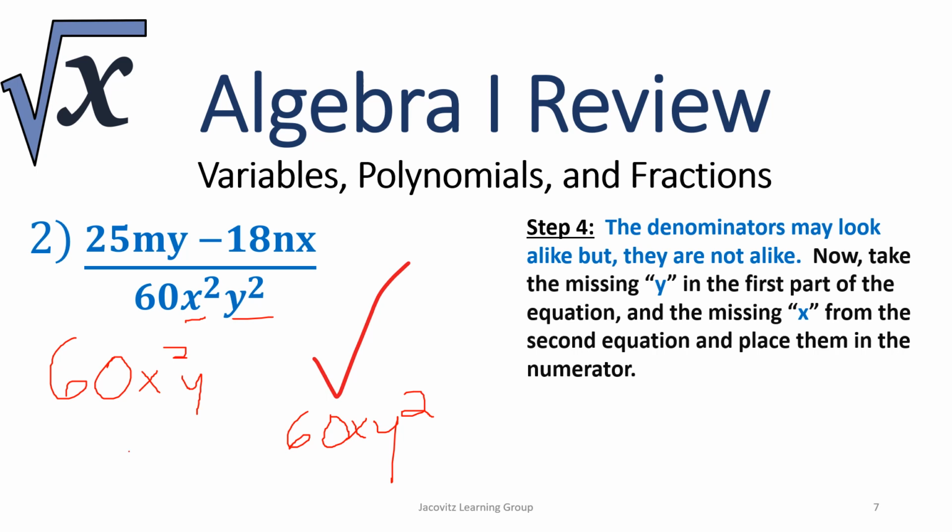You're really adding. Powers rule, y to the 1 times y to the 1 equals y squared. And if you forget the powers rule, just remember you were missing a y with the square here, so you took it up. And the same thing over here, you were missing an x with the square, so you took it up. That's all you did. And then you kept your common denominator the same. Download this if you want, because this is a hard concept, and if you're on the SAT or a test and you miss these small little things, the whole problem's wrong, as unfair as that is.